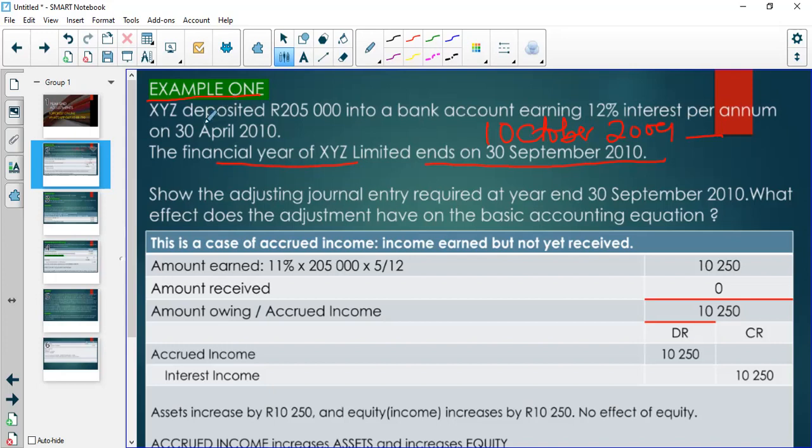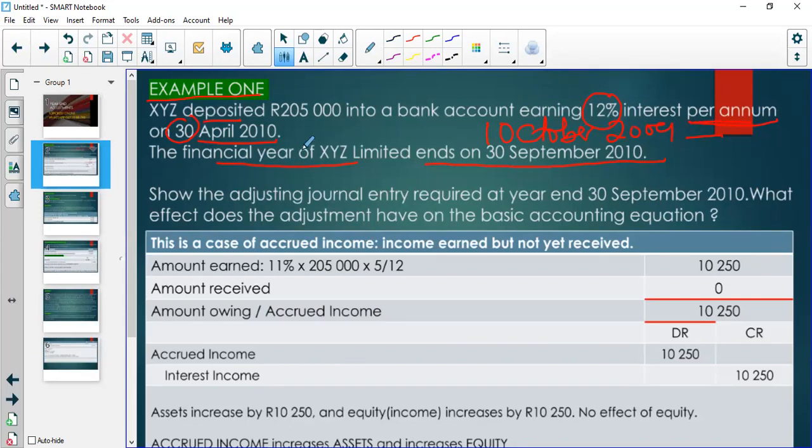So we did make this deposit on the 30th of April, all right? And it earns 12% interest per annum. Which means that the interest is going to be paid to us at the end of 1 year. At the end of a full year, 12 months, the bank is going to deposit our 12%.